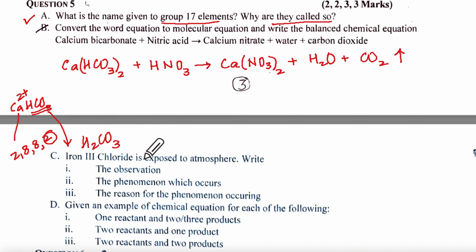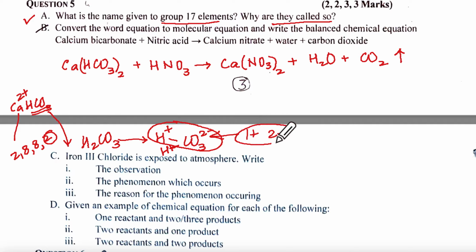Do you know that this means that there are two H's and there is CO3. CO3 is 2 minus, correct? This is 1 plus and this is 1 plus. If you look at HCO3, what do you see here? Valency wise, what do you see? All this you have to do in your mind, okay? This is 1 plus and this is 2 minus. So what will be the total effect of this?